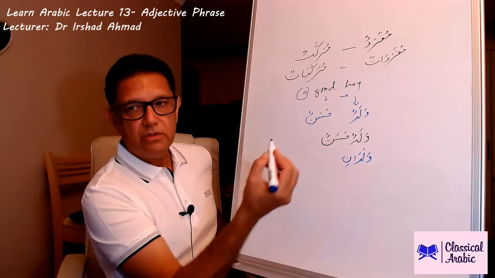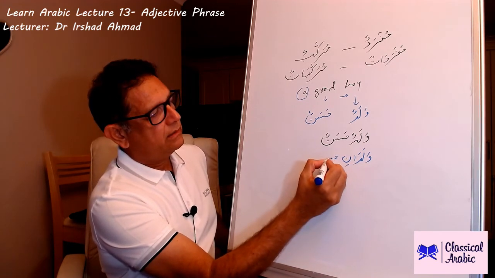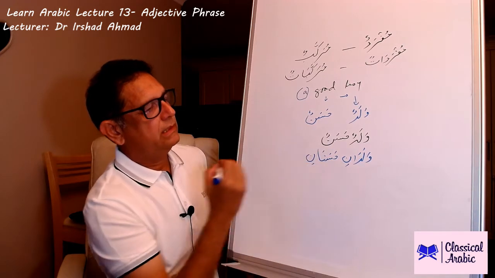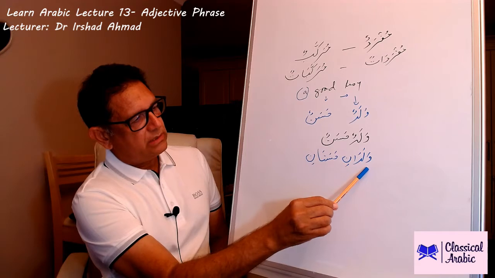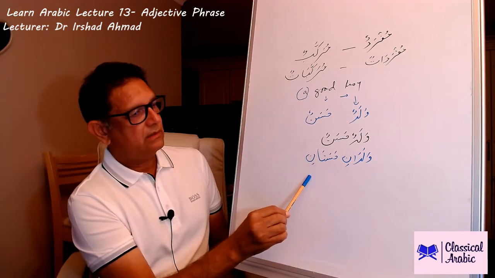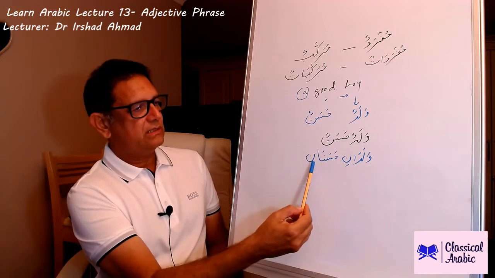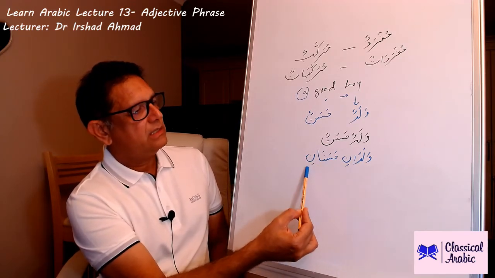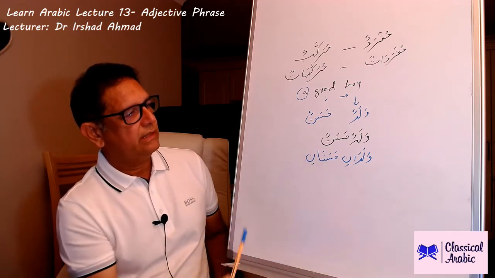So sifa has to become dual. So waladani hasanani. Literally what we are saying is two boys, two good. But in English we don't translate that way. We're just going to say two good boys. So waladani hasanani, any two good boys. This is indefinite.